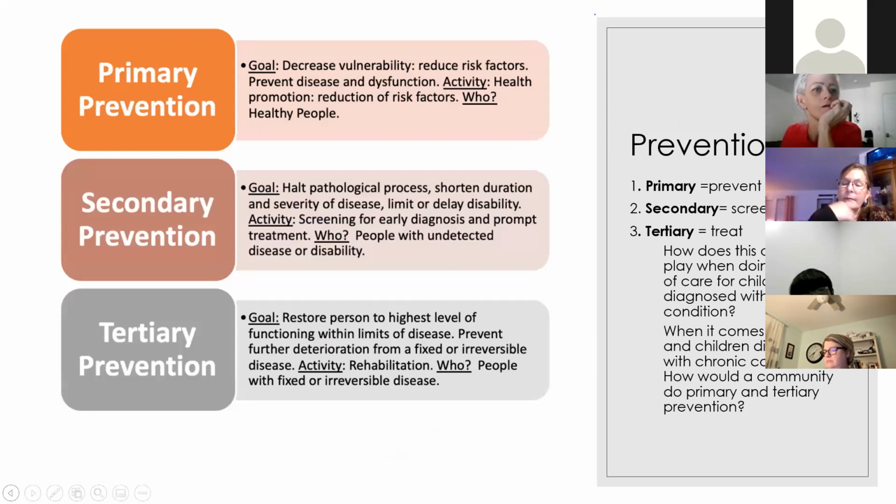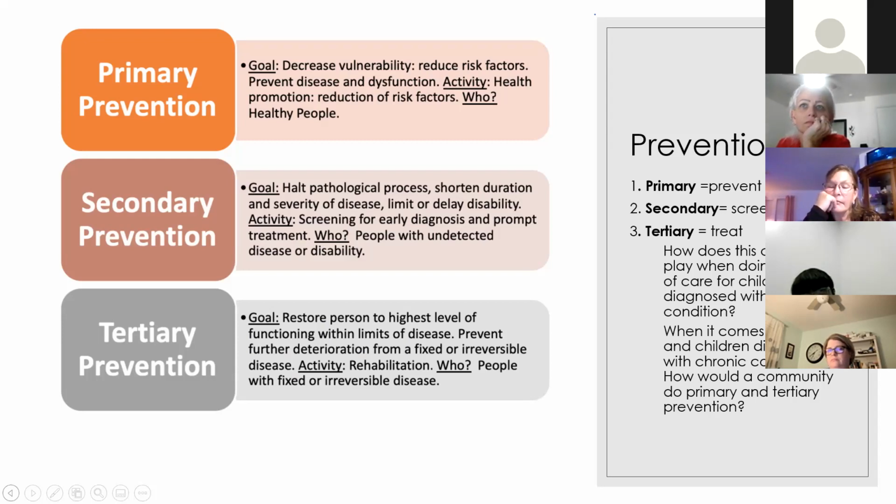In the school setting, you would say primary would be talking to children about signs of, or what kind of touching is okay, or what kind of discipline is okay for parents. And then secondary would be your kid has a broken finger.